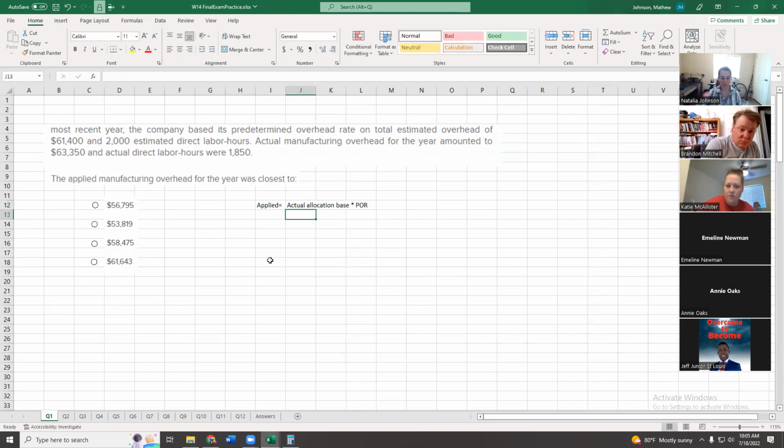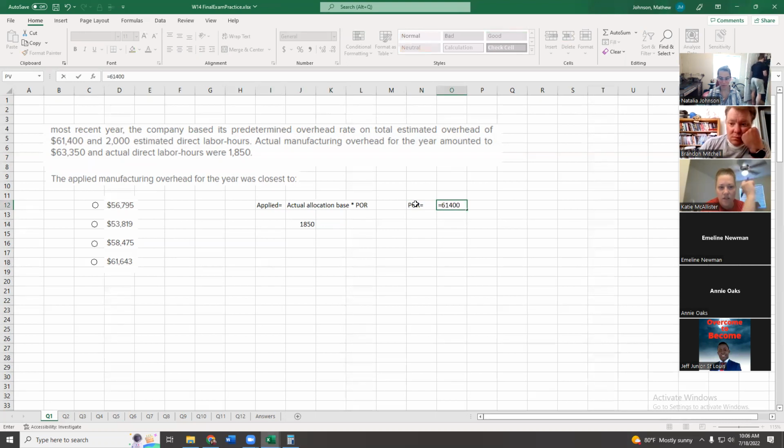Yeah, perfect. So we have the actual allocation base because they give you the actual manufacturing overhead and the actual hours, so it's 1,850. But we don't have the predetermined overhead rate yet. So how can we find that? We need to divide the manufacturing overhead, 61,400, by the 2,000 estimated hours.